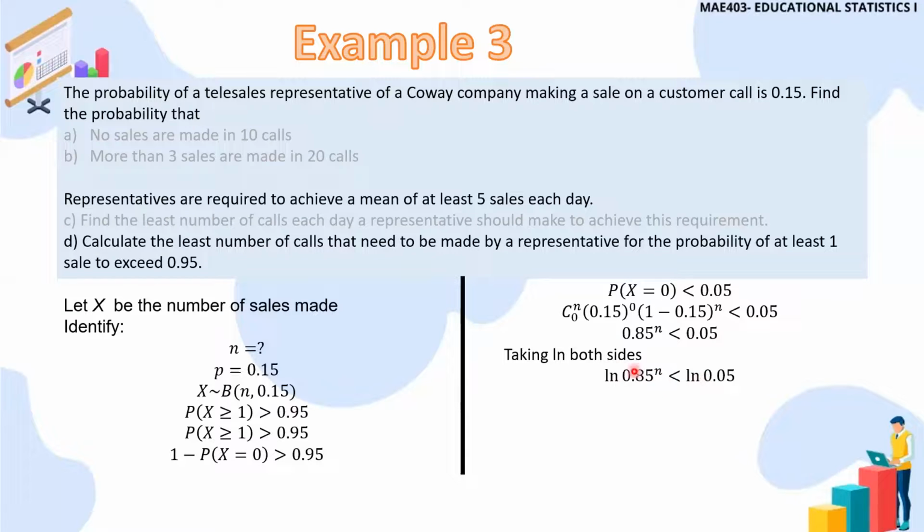Then bring n to the front, you will get n ln 0.85 less than ln 0.05. So for n, you will get n greater than ln 0.05 over ln 0.85. Therefore, the value of n is 18.433. Remember, in statistics, we will round up to the nearest integer. So since n is greater than 18.433, n is equal to 19.